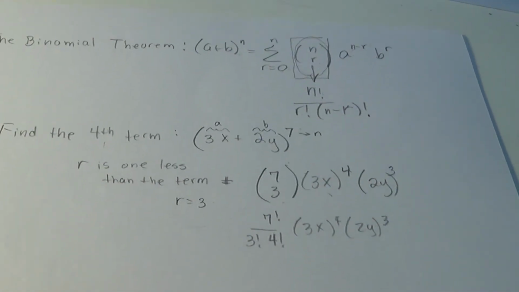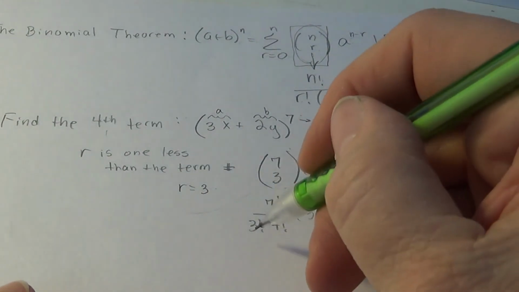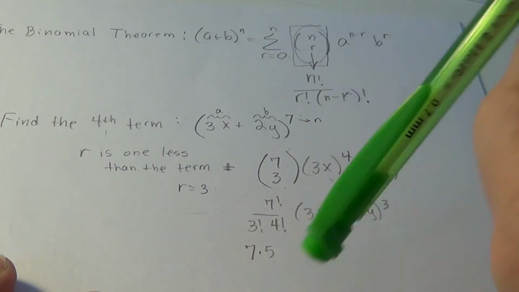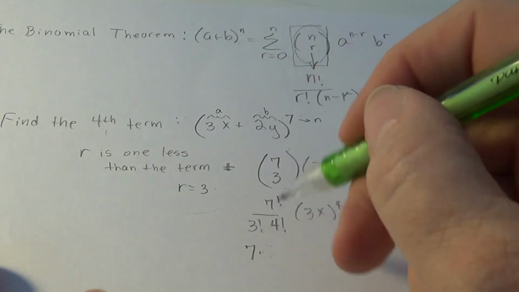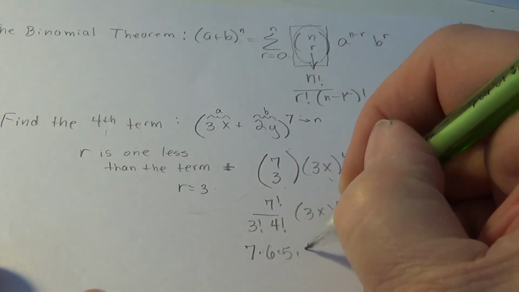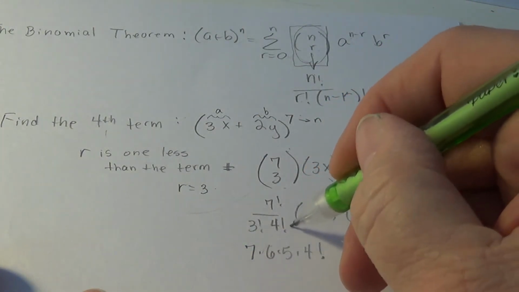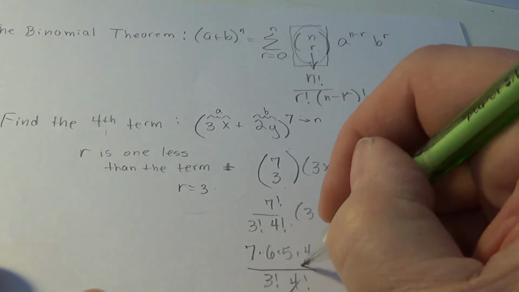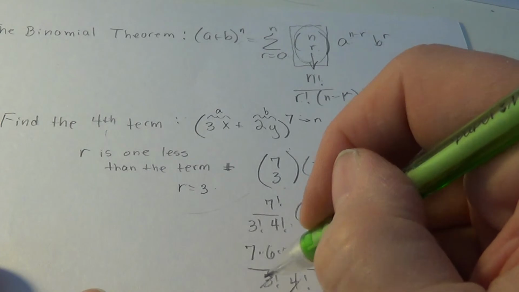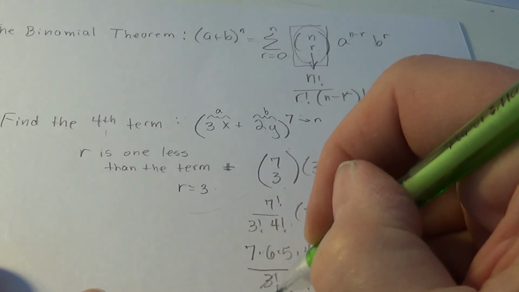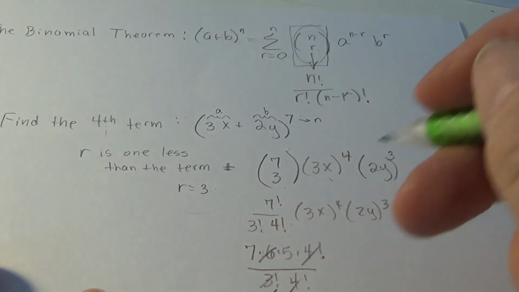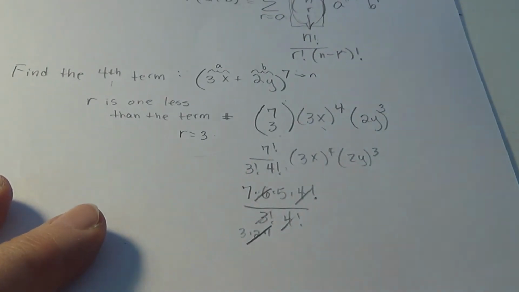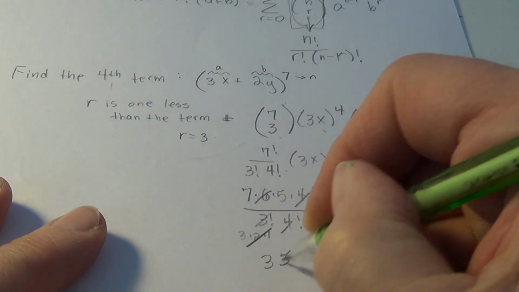All right. So to simplify, that's why we worked with factorials. Let's go 7 times 6 times 5 times 4 factorial. I'll stop there, keeping my eye on the prize, being 4 factorial. 3 factorial is 3 times 2 times 1, which is the same as 6. So all of that simplifies down to 7 times 5, or 35.